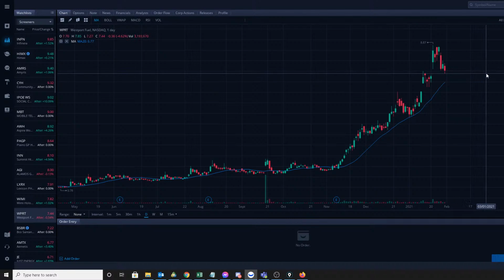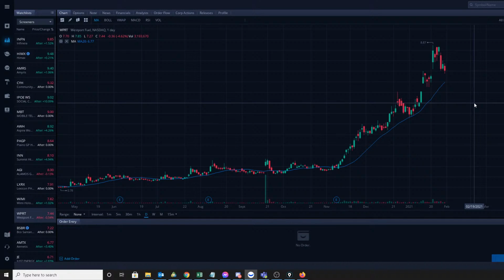Now, to build into this position, what I would do is probably scale in somewhere in here, because this blue line is my 20 period moving average. I would probably be scaling in around $6.85. So initial entry will be 6.85 on ticker symbol WPRT.